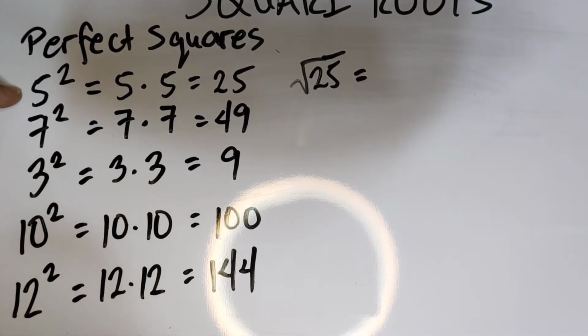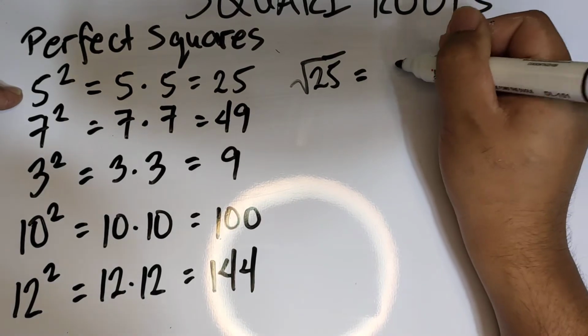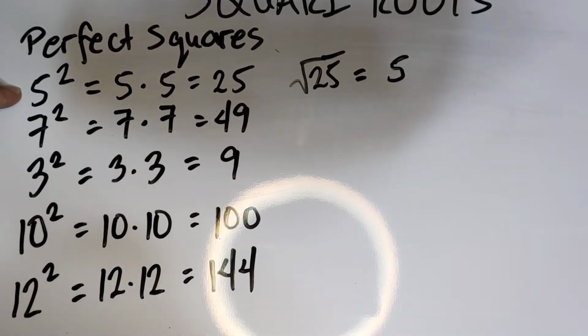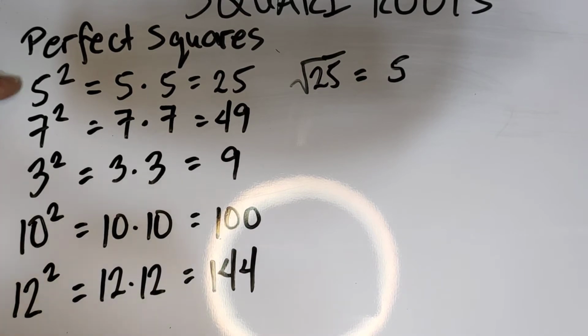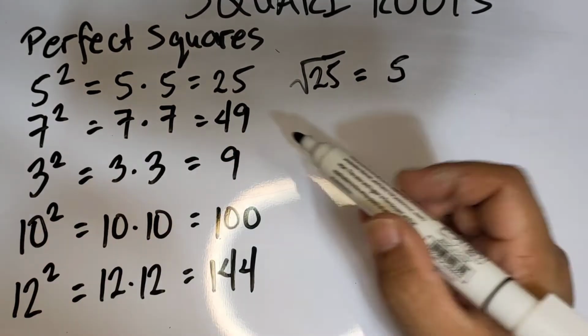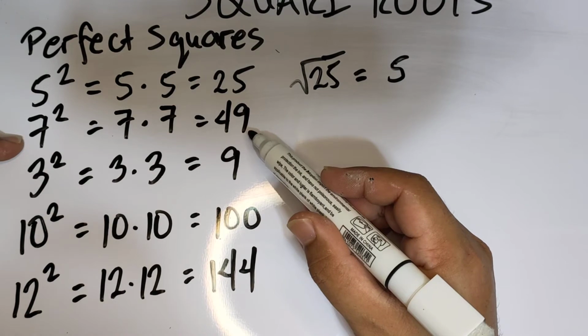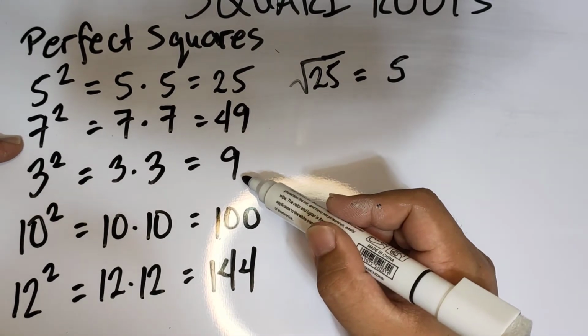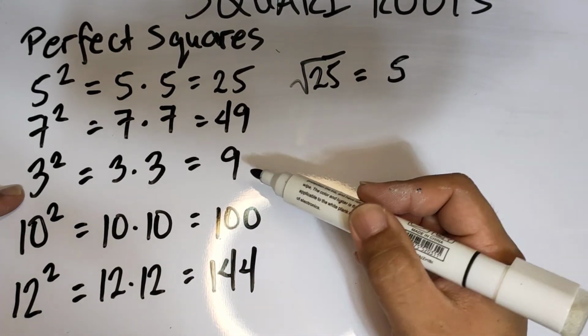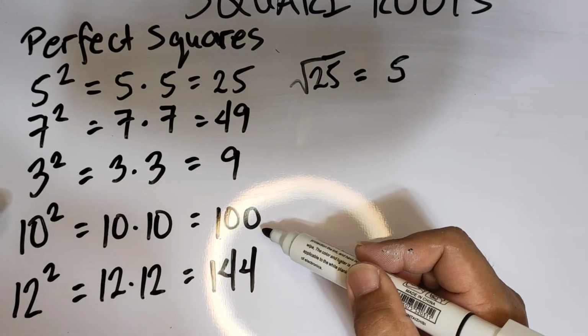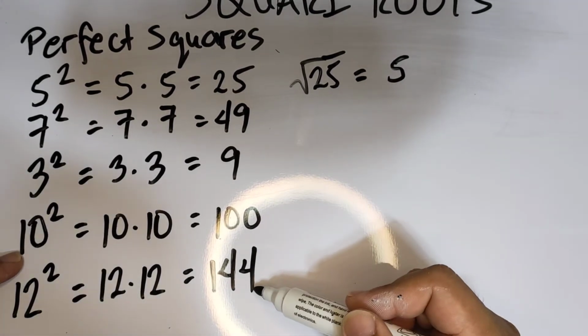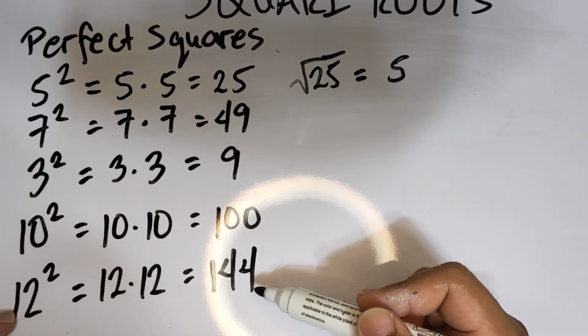So, that is 5. Okay? So, the square root of 25 is 5. Okay po? The square root of 49 is 7. The square root of 9 is 3. The square root of 100 is 10. The square root of 144 is 12.